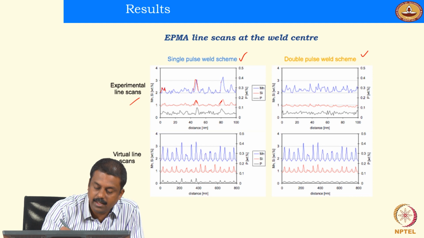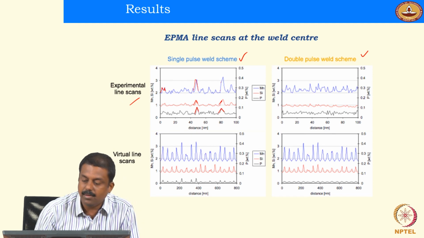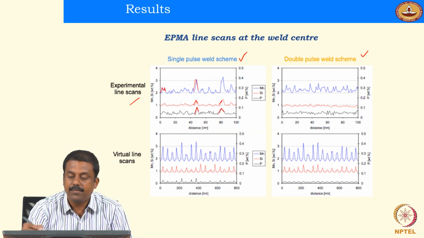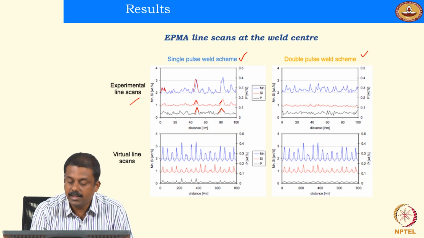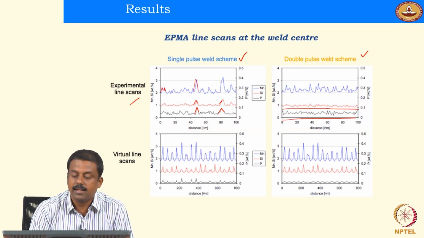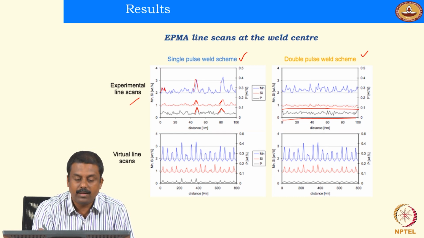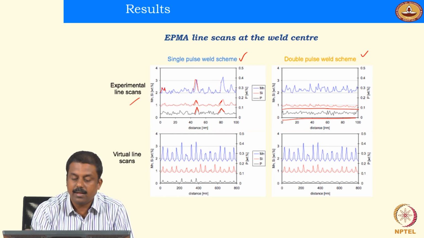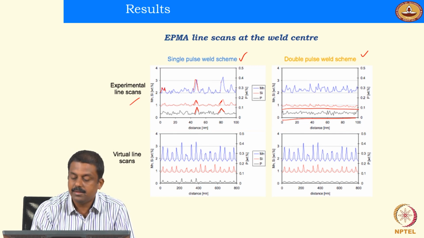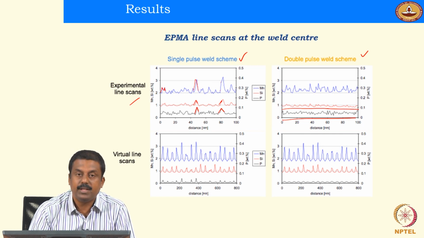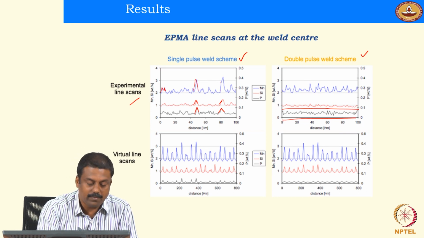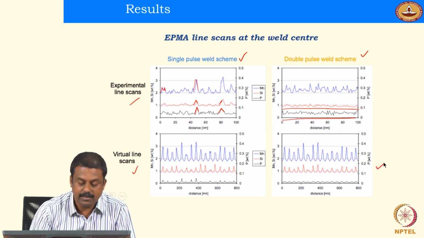Similarly, silicon and phosphorus are segregating at the boundaries. Whereas after double pulsing, you see that phosphorus, silicon as well as manganese is more or less the same in almost all the regions. That means that the segregated regions at the grain boundaries are all homogenizing. And that's what's also shown from the simulation results.